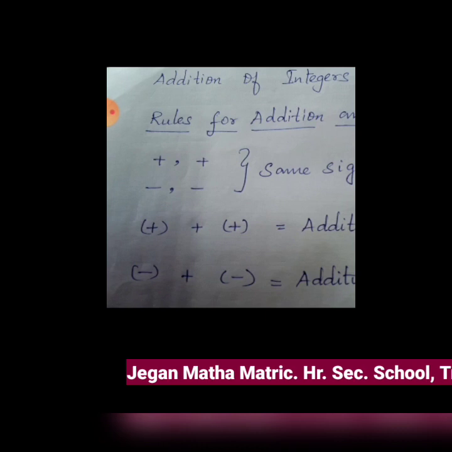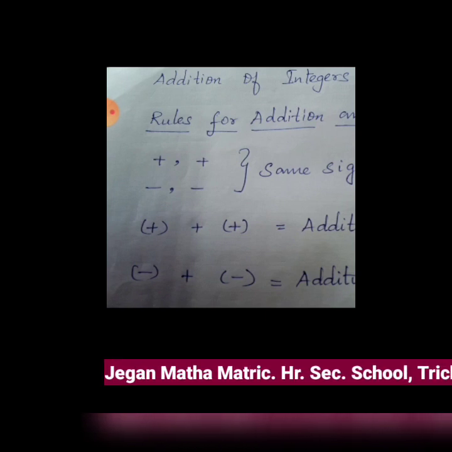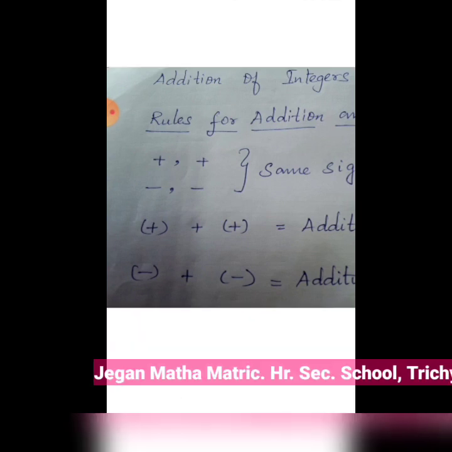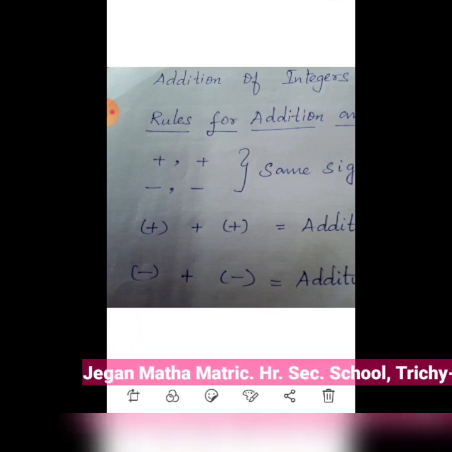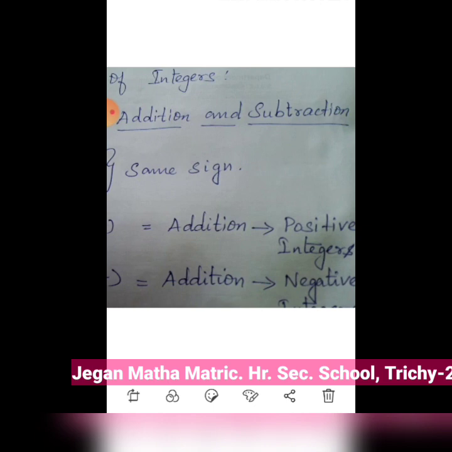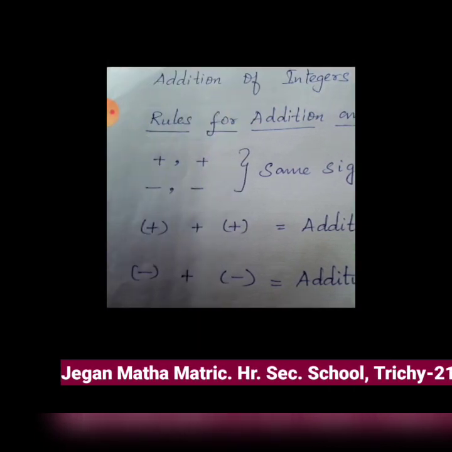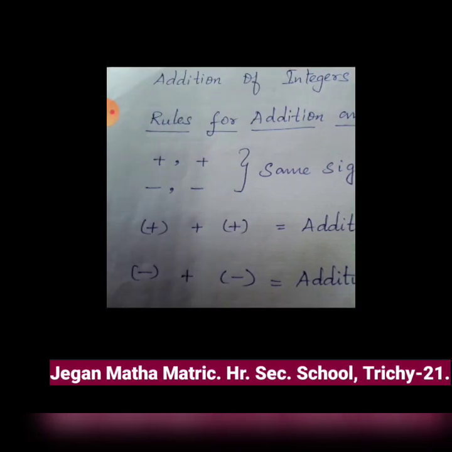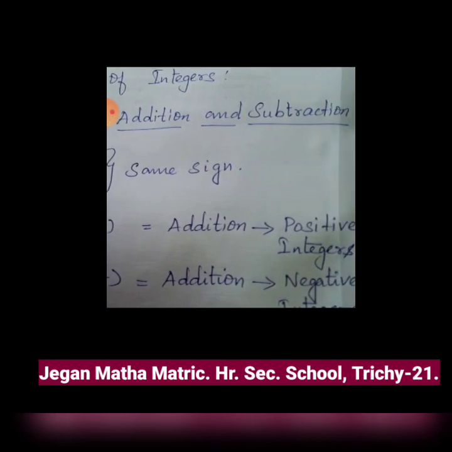If both the numbers have the same sign, we have to add the numbers. That means a positive number added with a positive number gives a positive integer, and a negative number added with a negative number gives a negative integer.